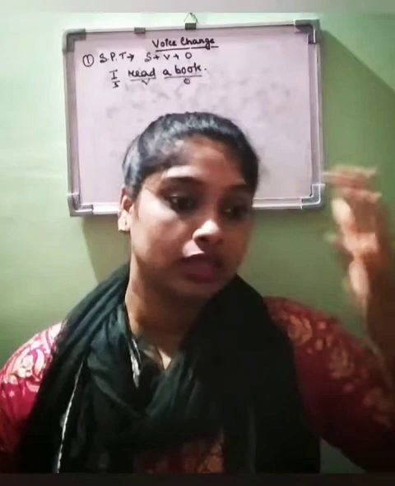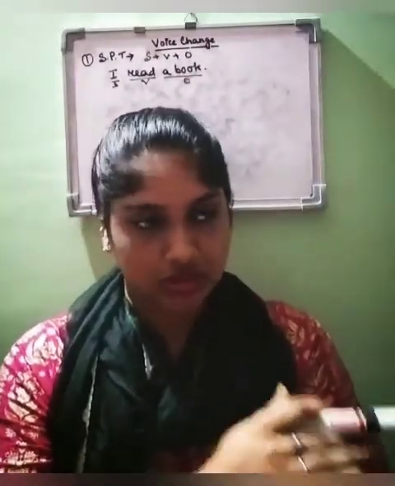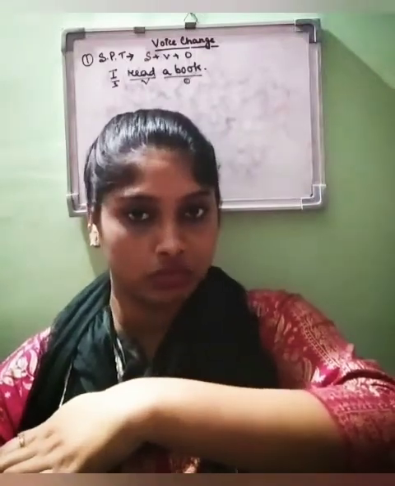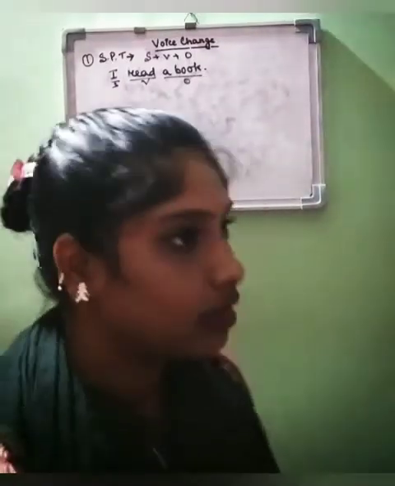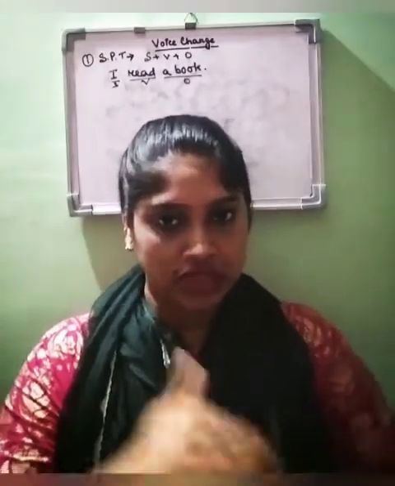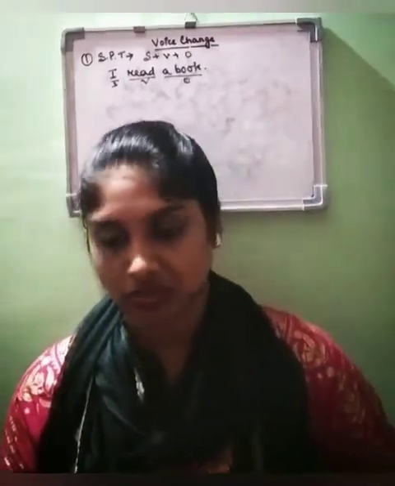So what happens? Like this. It gets interchanged. Subject goes to the place of object, object comes in the place of subject. And when the object comes in the place of subject, because now that has become the subject, how do you write that?